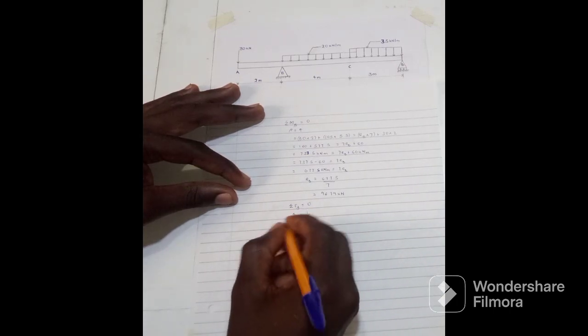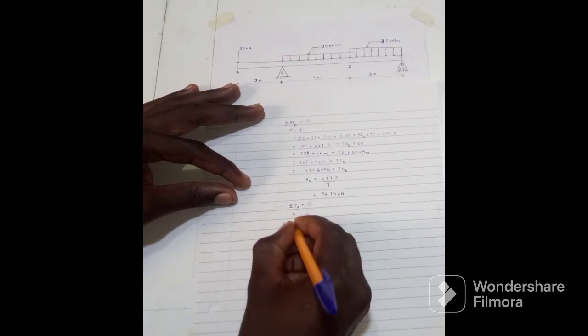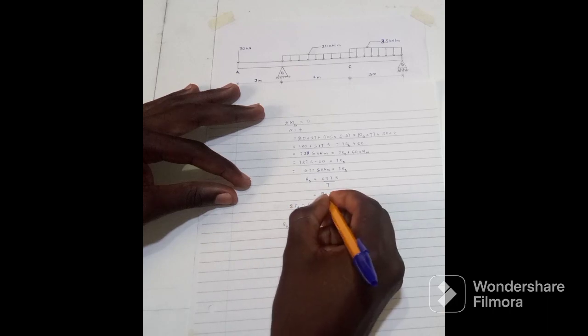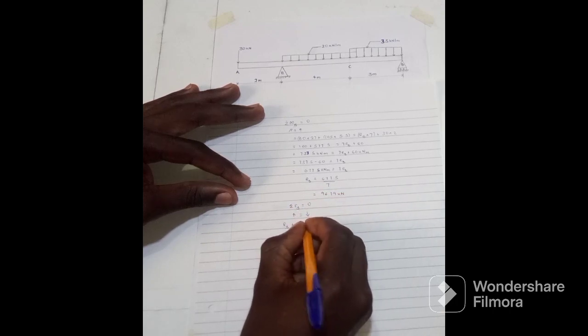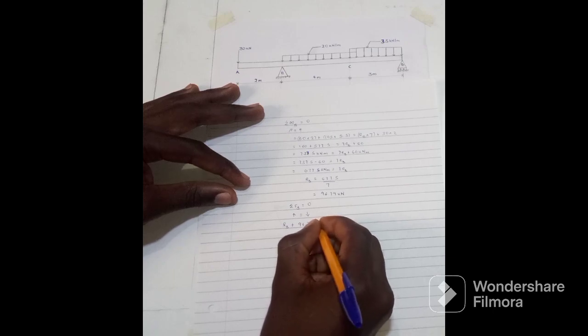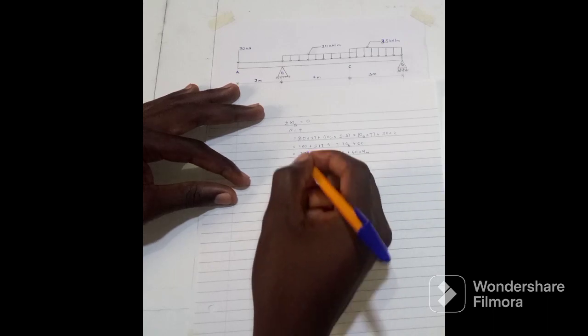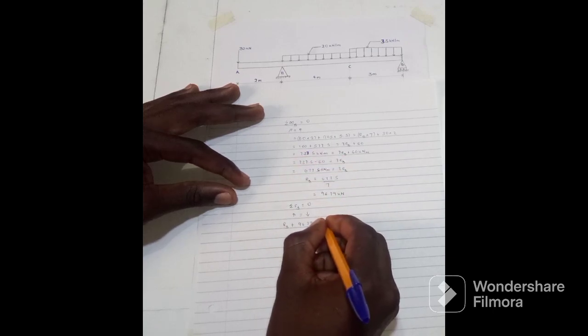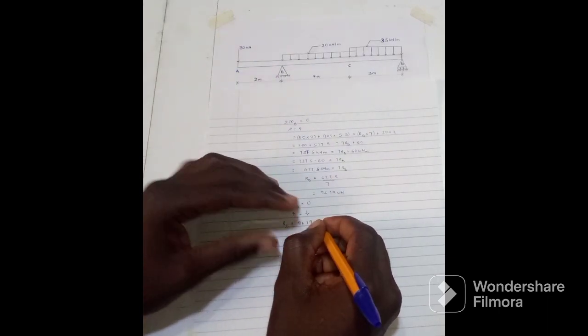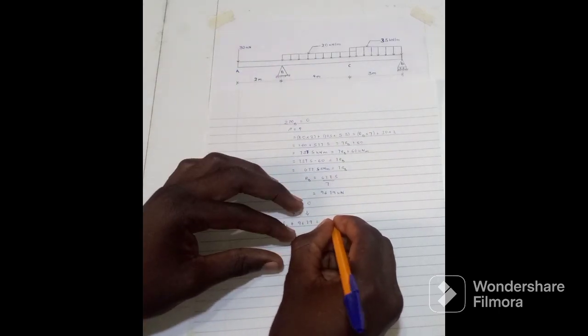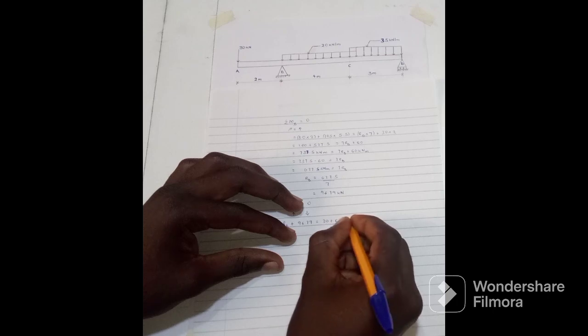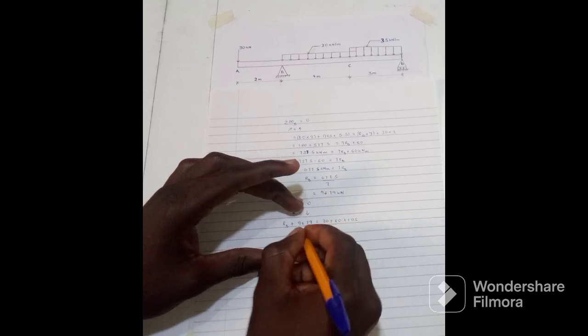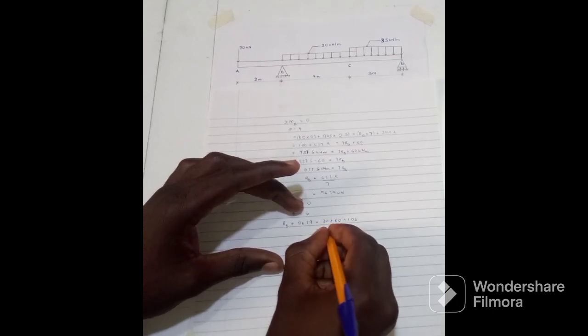So the upward forces are going to be the reaction force RB plus the reaction force RD, that is 96.79 kilonewtons, should be equal to the total downward forces, that is 30 plus 80 plus 105. Adding this, we get 215.